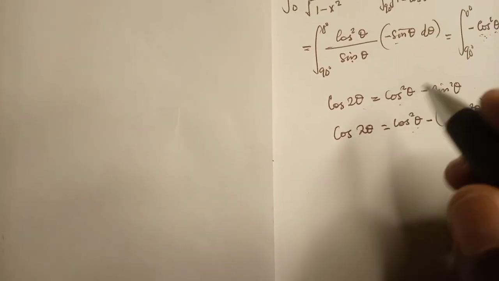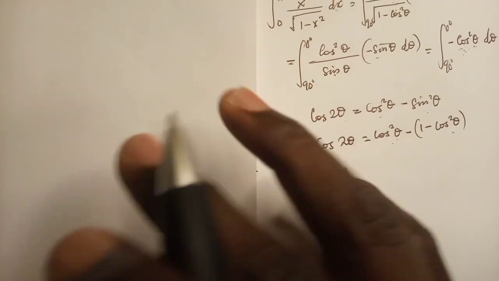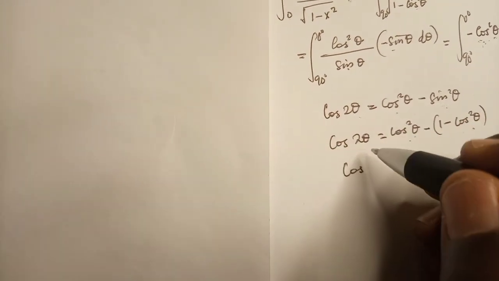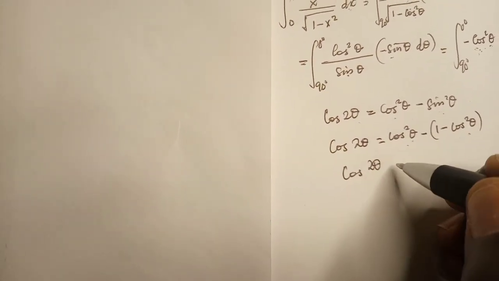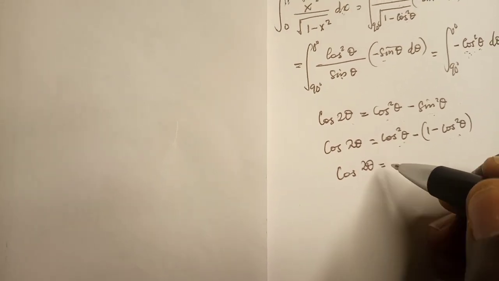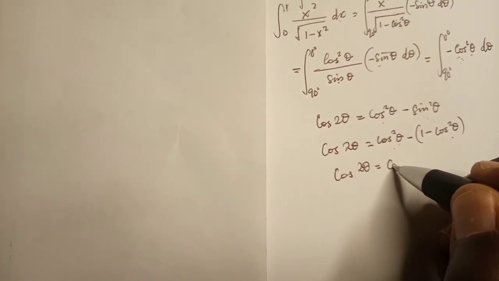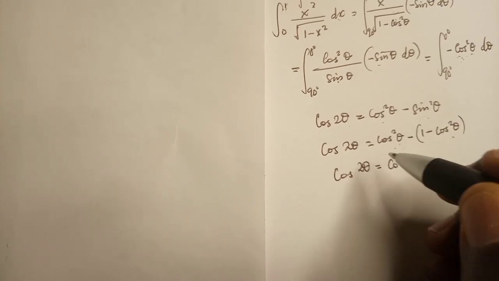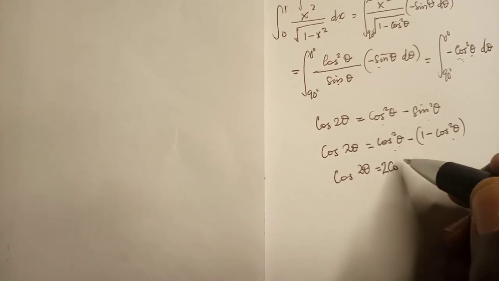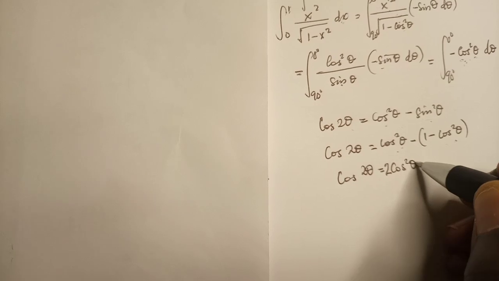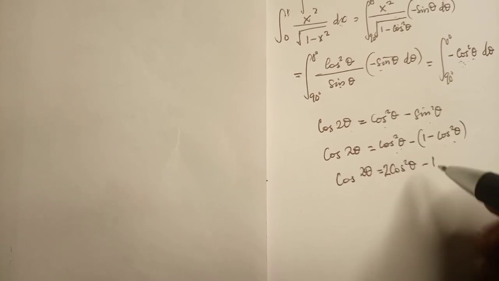Okay, so you have cos 2 theta equals, so cos, open the bracket here, we can do it straight away. So you have 2 cos square theta here, this will be minus 1.